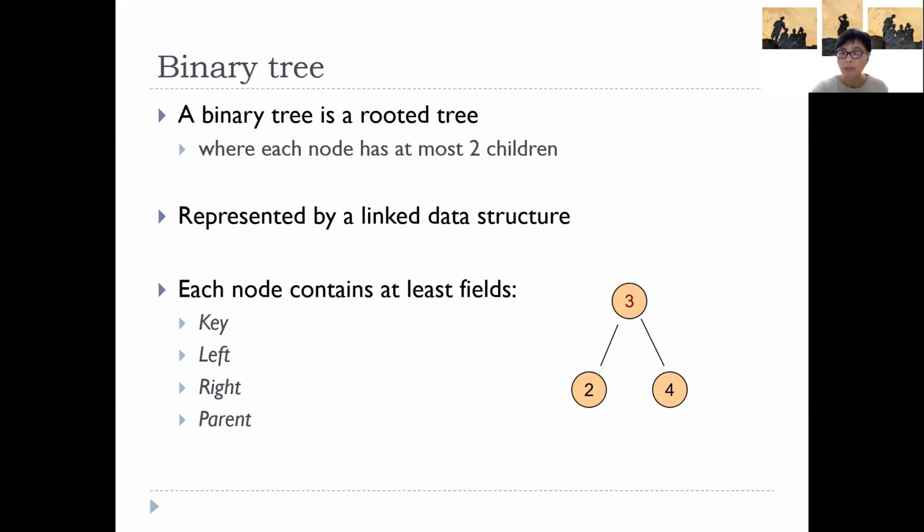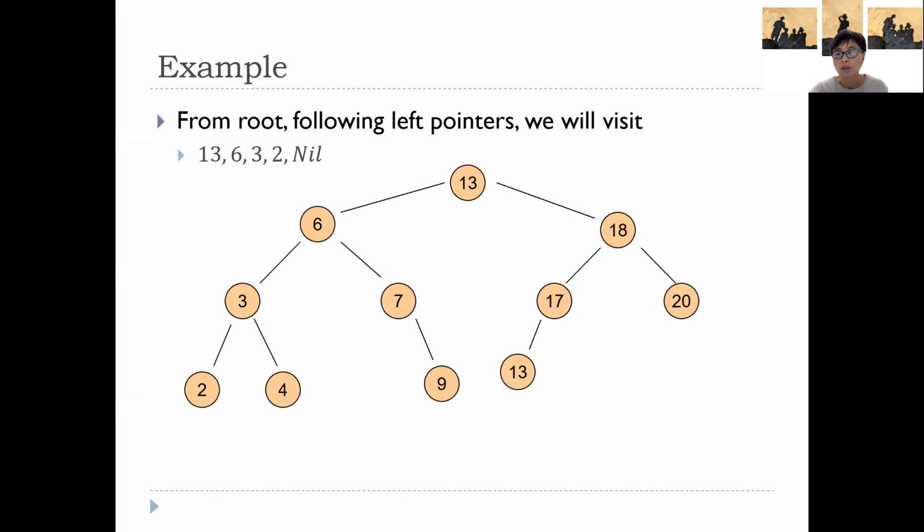Now, with this data structure, with the left and right pointers we store, if we start from the root of this example tree and keep following the left pointer, I go to its left child, the node containing key 6, then following the left pointer again, I go to the node containing 3, and then following the left pointer again, I go to the node containing 2.